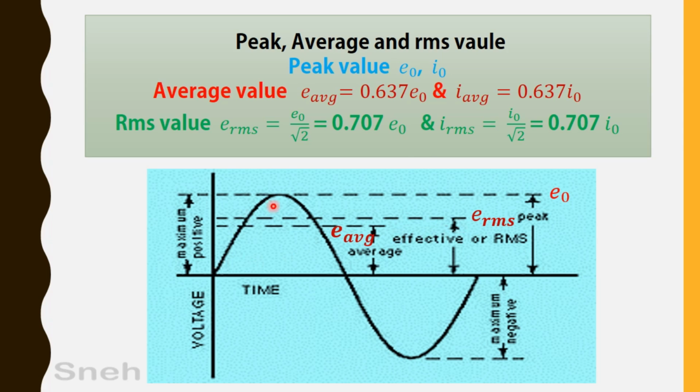Now here I am representing the voltage wave. Similarly, we can represent the current wave, and we get here I0, here I average, and here I RMS. So in today's lecture, we have studied instantaneous value, average value over complete cycle, over half cycle, and RMS value for alternating current or alternating EMF.